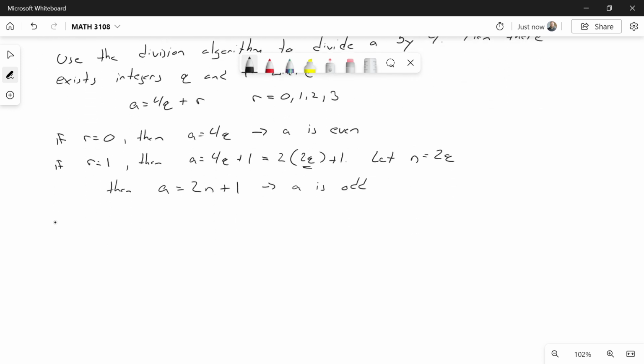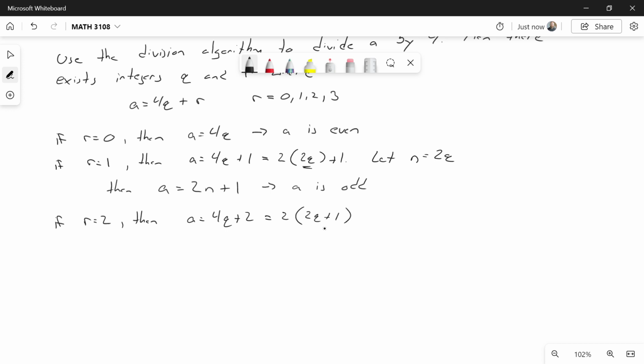All right, so if r is equal to 2, same idea, then a is equal to 4q plus 2, which we can rewrite by factoring a 2 out of each, so this is 2 times 2q plus 1.